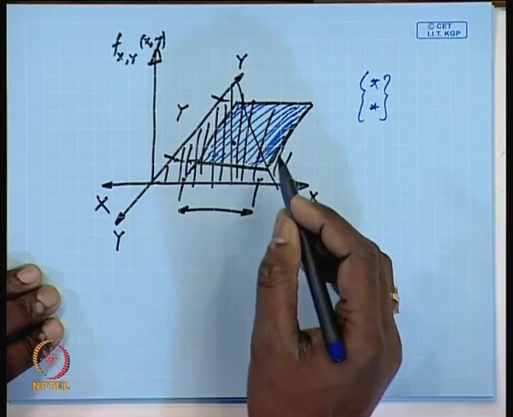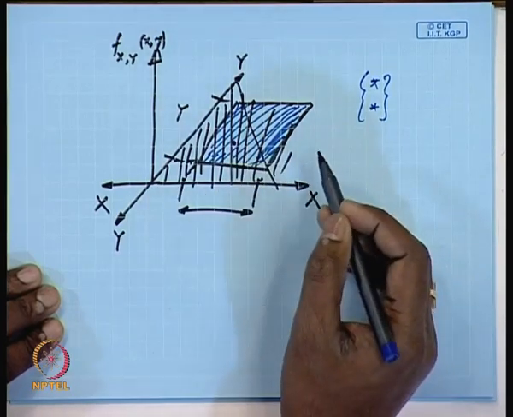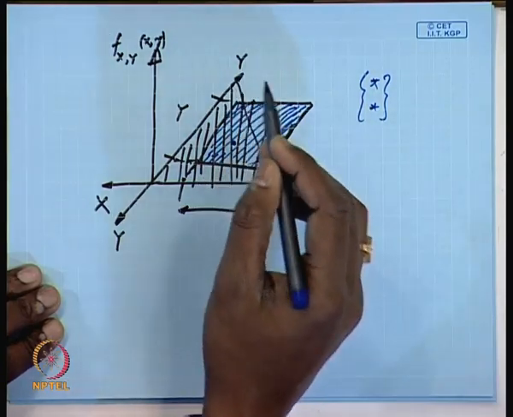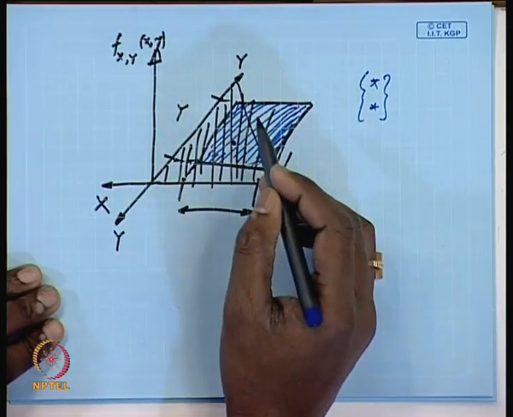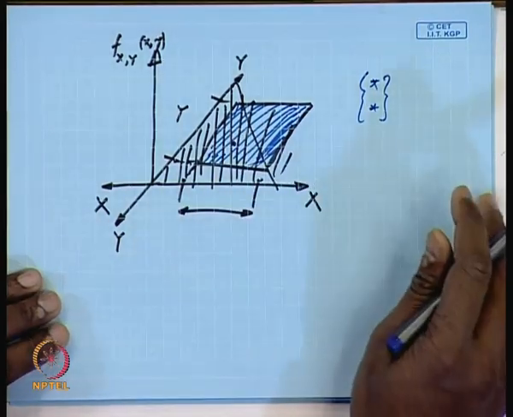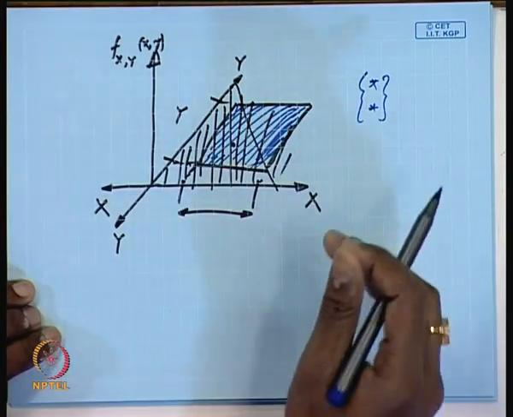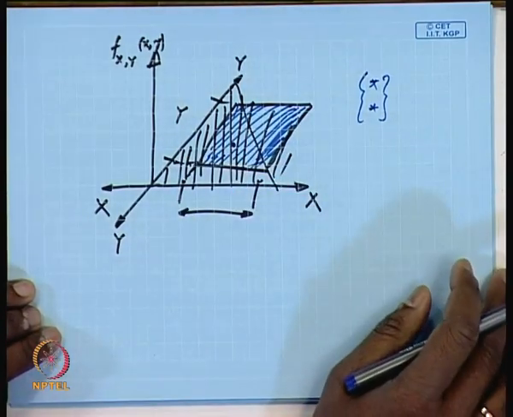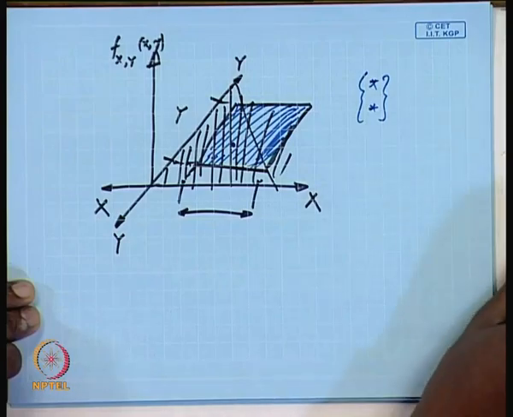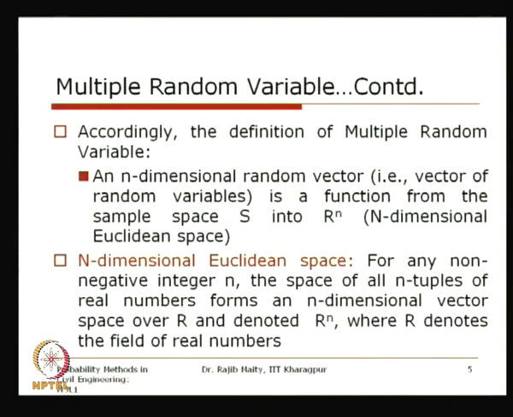If this is for three random variables together, then there will be three such values, and this will refer to a point over a space, and at that point, how the probability is distributed can be analyzed. So this is what is meant in the case of the n-dimensional random vector, and the n-dimensional Euclidean space.